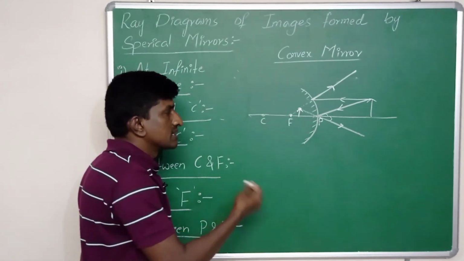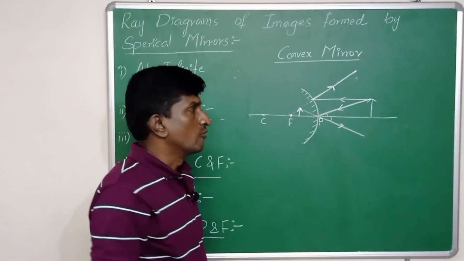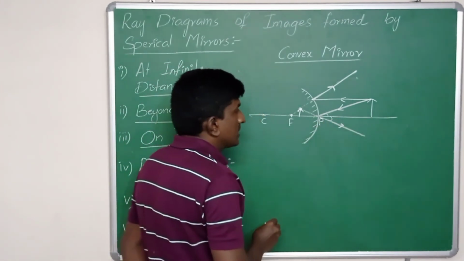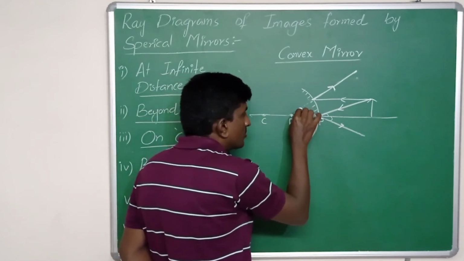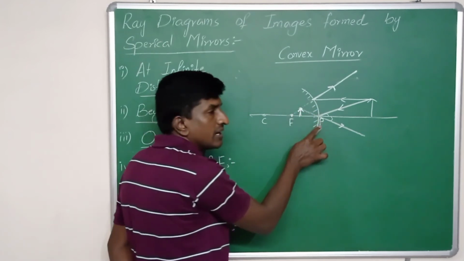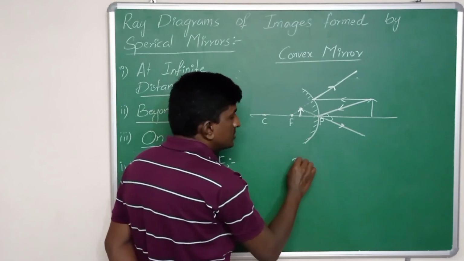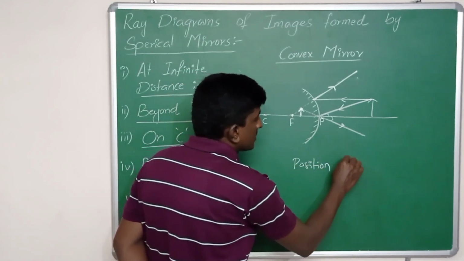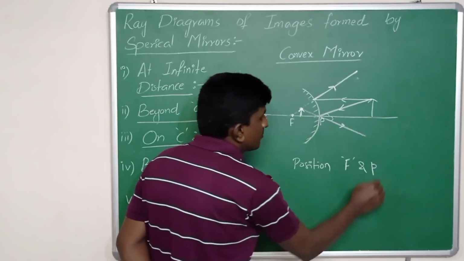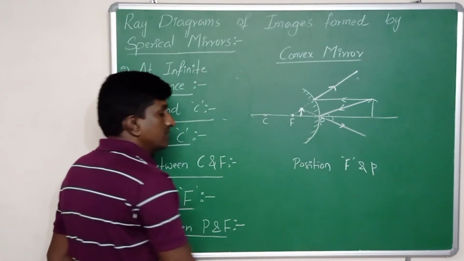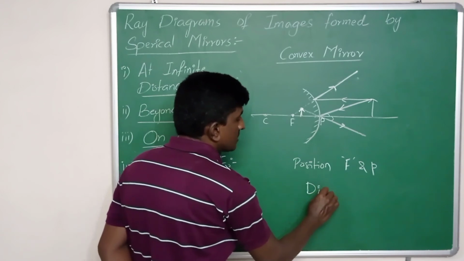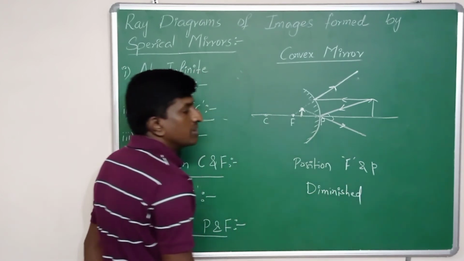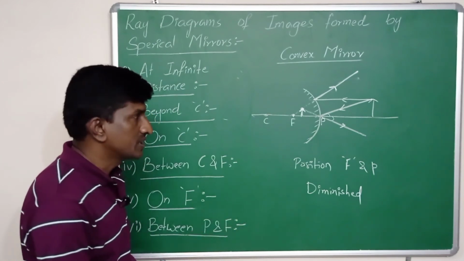So in the case of a convex mirror, wherever the object is in front of the mirror, the image is always formed between F and P and diminished. The position of the image is between F and P, and it is always a diminished image, smaller than the object.